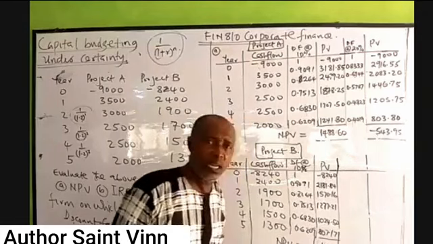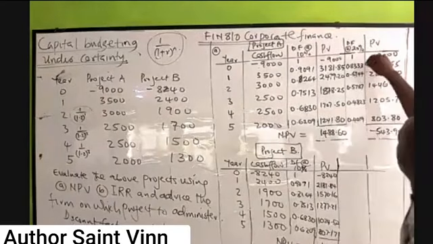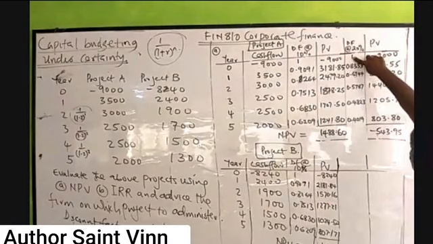Hello, sir, I have a question. Is there a short way of calculating the discount factor at 20%? You said we should multiply it by something. This is the short way. At 20%, the first time is always one.